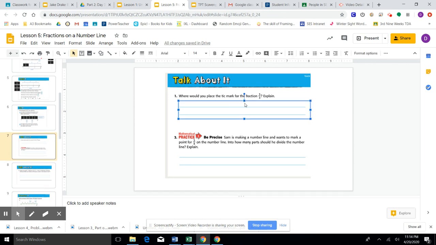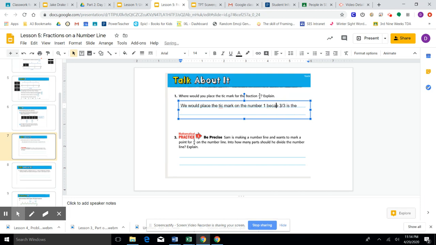Well, we said that 3/3 is the same as 1. So we would place the tick mark on the number 1 because 3/3 is the same as 1 whole.